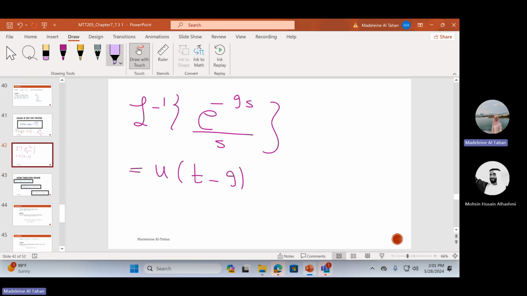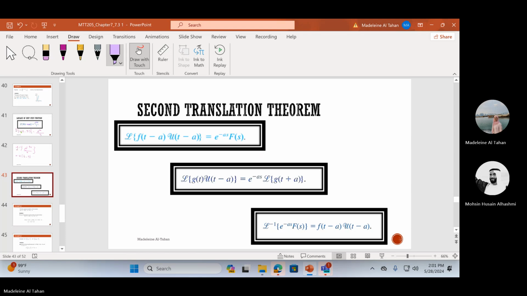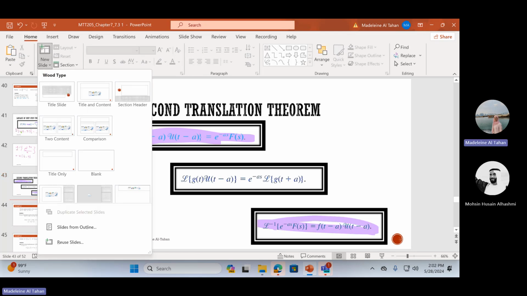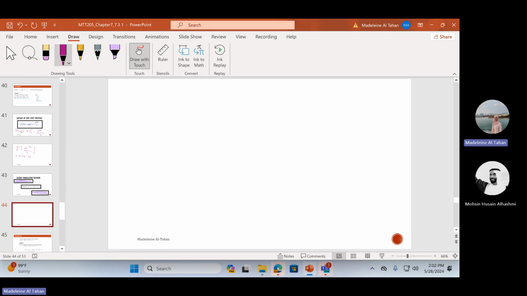The second formula that we need to know, I will write it, I will rewrite it. So Laplace of u(t - a) f(t - a) is equal to e to the negative as multiplied by F(s). Just instead of e to the negative as over s, we will have F(s) instead of 1 over s.